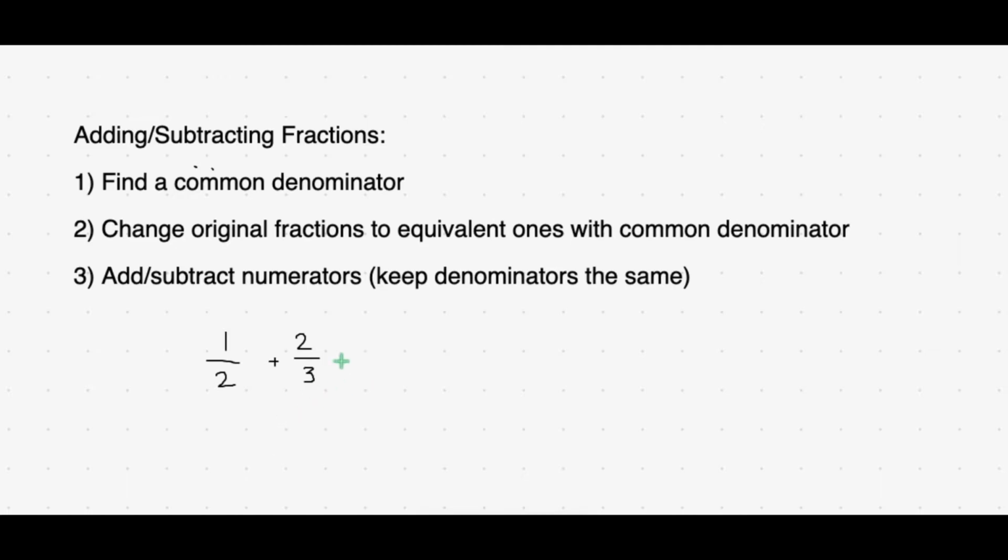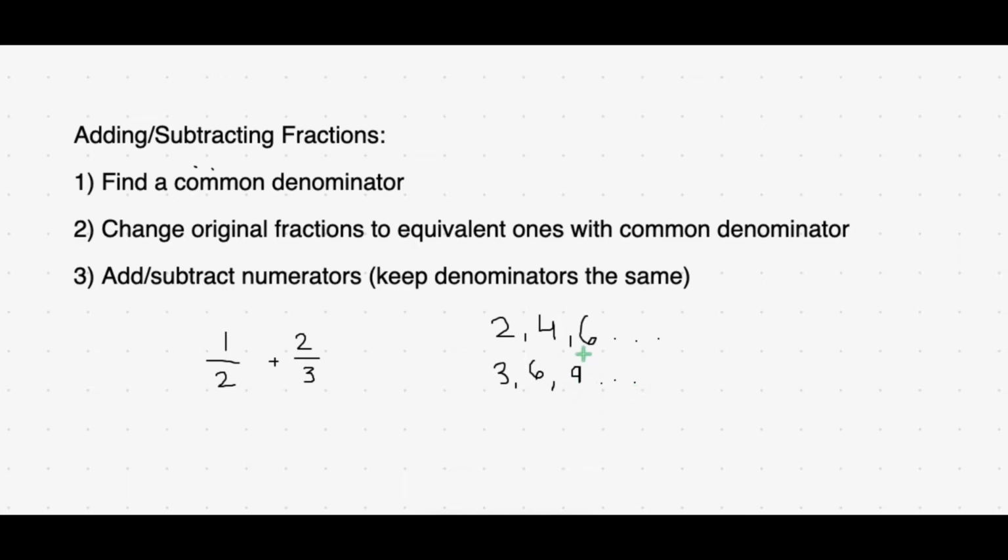So to find a common denominator here, what you could do is write out the multiples of each one. So for 2, it would be 2, 4, 6, dot, dot, dot. And for 3, it would be 3, 6, 9, dot, dot, dot.